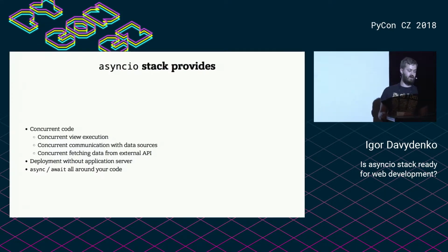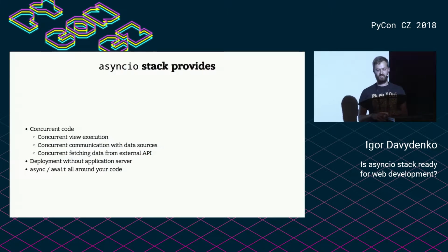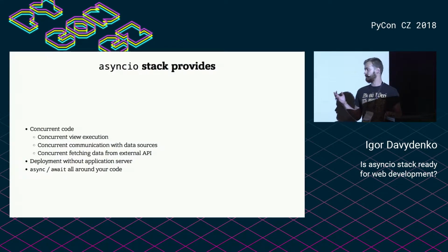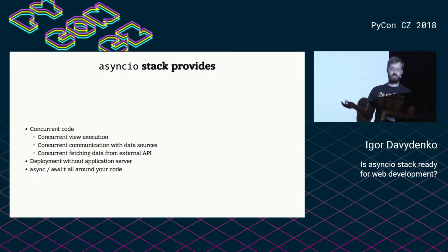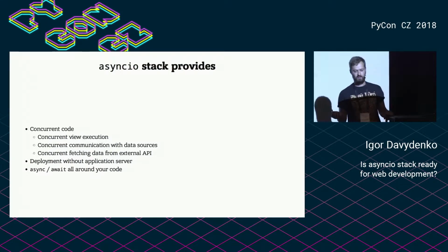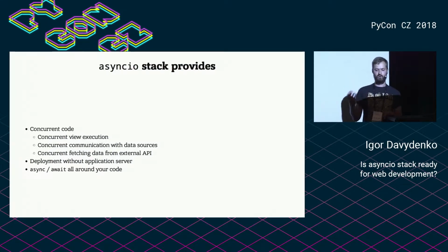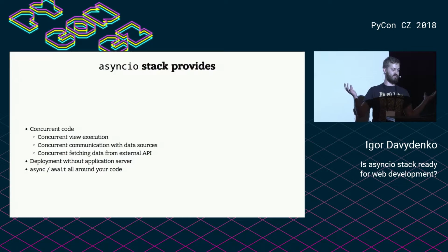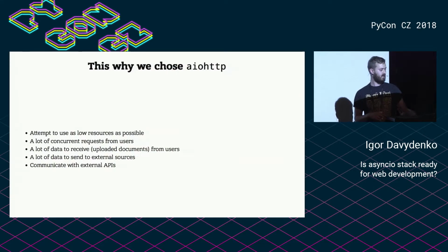And we have a concurrent way of fetching data from external APIs. On top of that, we right now don't actually need to use an application server like G to deploy our code to production. And we have a lot of async arrays all around our code. This is why we should choose aiohttp.